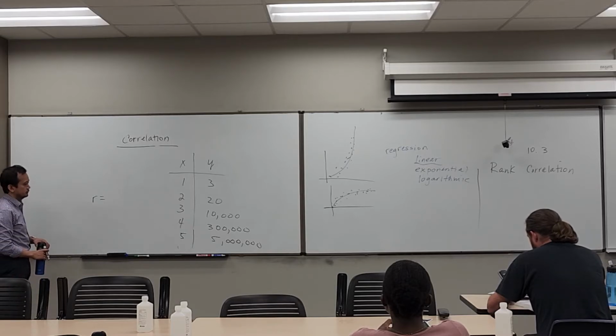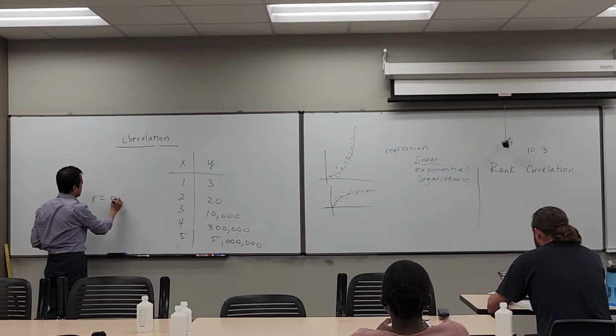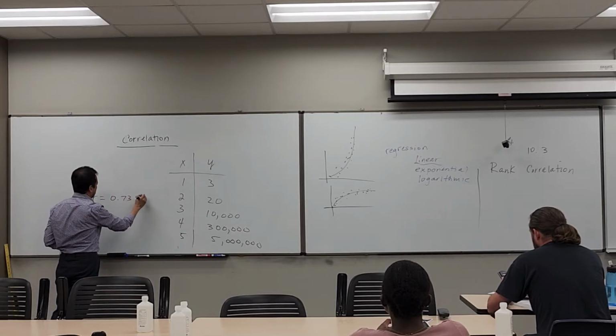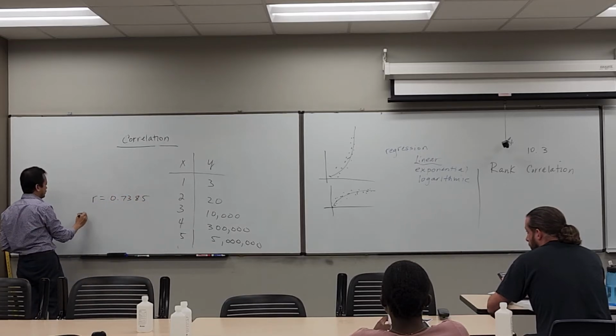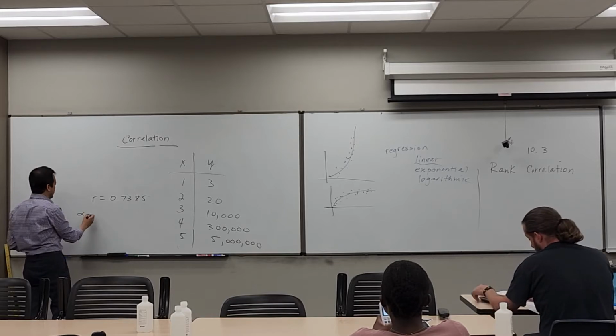Yeah, r is 0.7385. And so let's say we want to make a conclusion with 99% confidence, so alpha is 0.01.